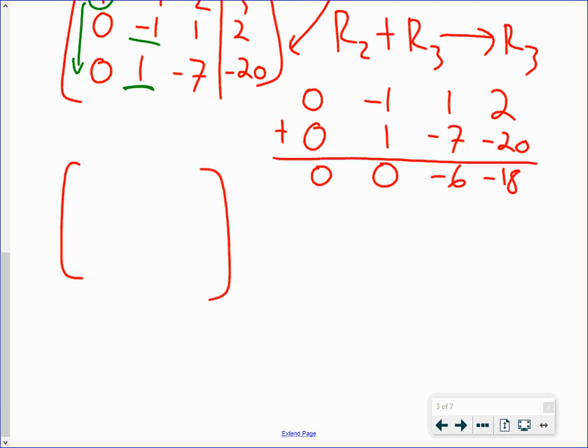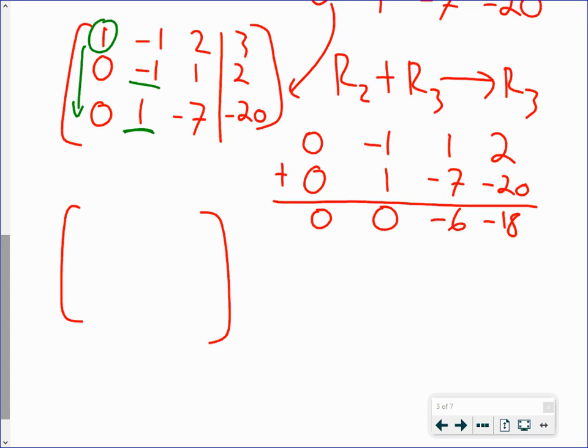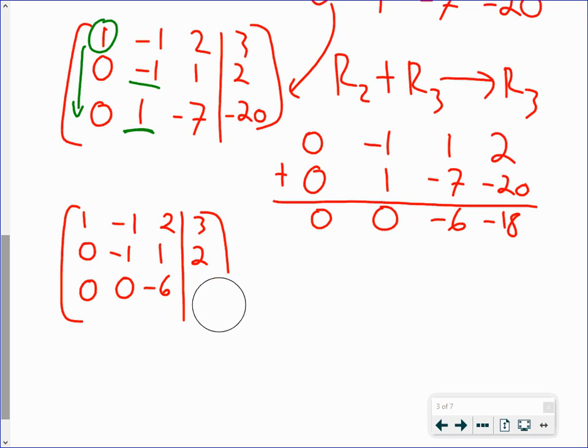So let's go ahead and rewrite our matrix and let's see what we get. The first row stays the same, 1, -1, 2, and 3. Row 2 is 0, -1, 1, and 2. And the third row, we just changed to 0, 0, -6, and -18. Let's rewrite that to a better looking -18.